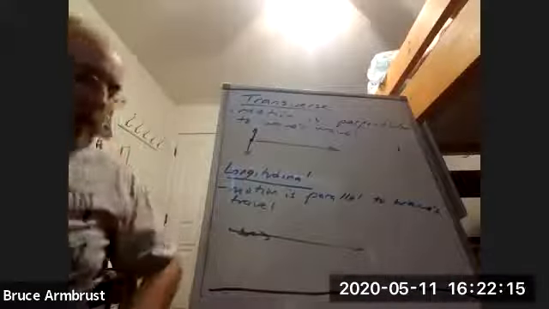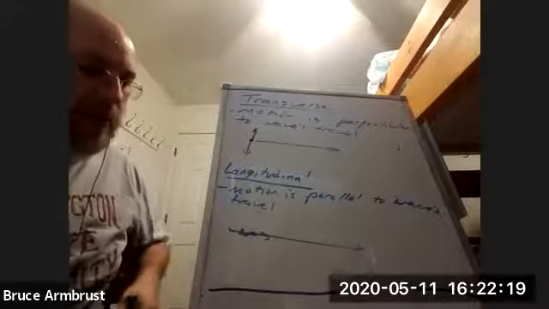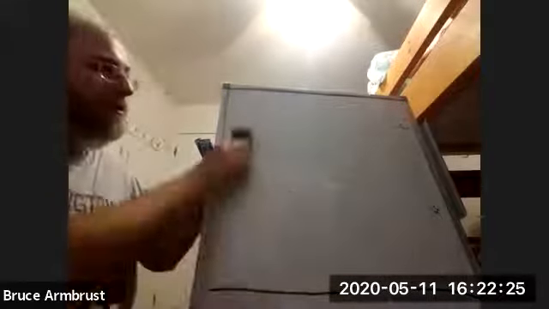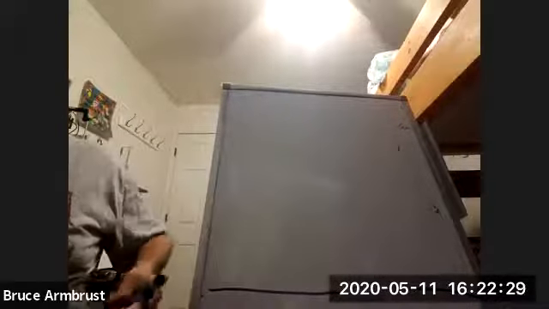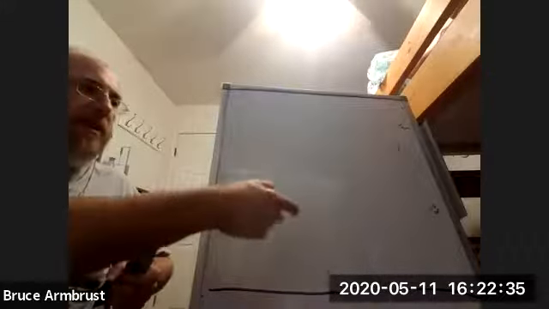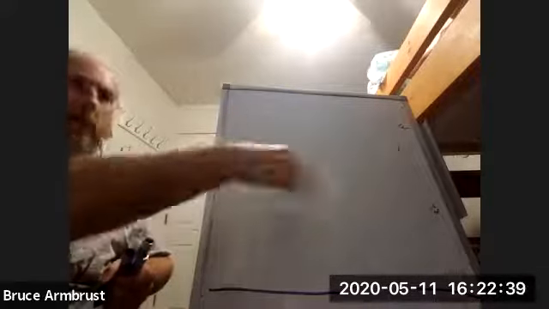All right, so I want to look at a little chunk of string and see what happens to it as it's moving on a wave. And we're going to make this transverse, so it's going to be one of those that goes up and down. Or you can think we're just creating a pulse, not a wave itself. We're just plucking the string and we're watching it go.